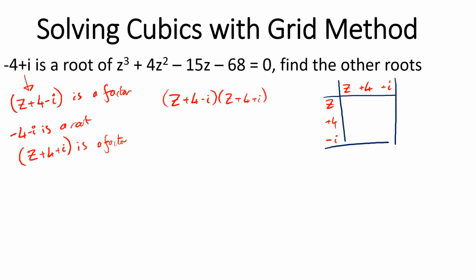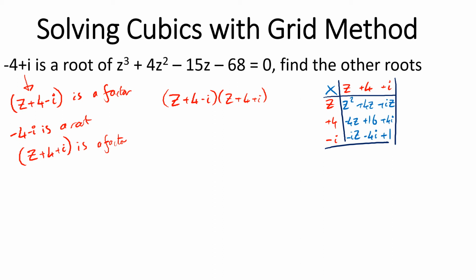And that will give us, don't have to do any working out now, z squared plus 4z plus iz, yikes, plus another 4z plus 16 plus 4i minus iz minus 4i and minus i squared, so that's going to be overall plus 1. Yeah, because minus 1, yeah.